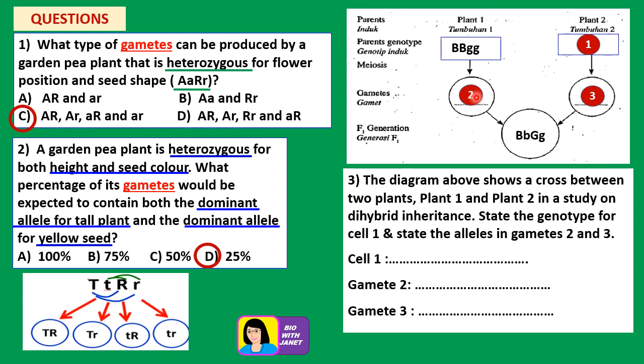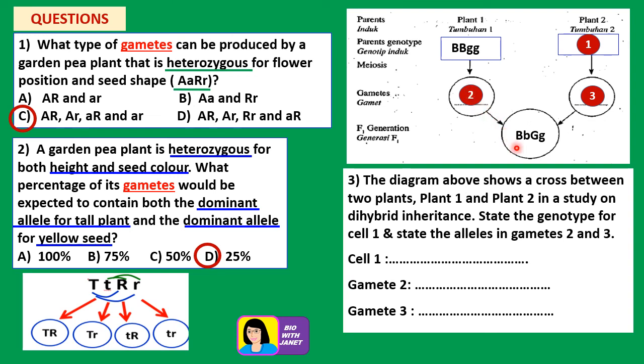Next, the F1 generation is formed when the gametes from plant 1 fuse with the gametes from plant 2. So it's a heterozygous organism here. Let's remove the alleles that are used to form this gamete here.